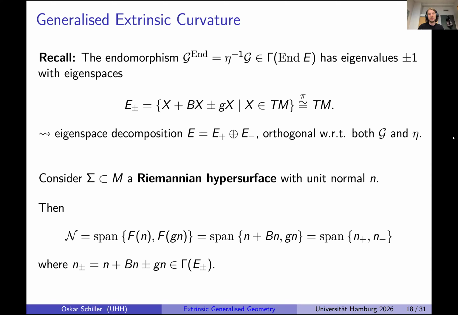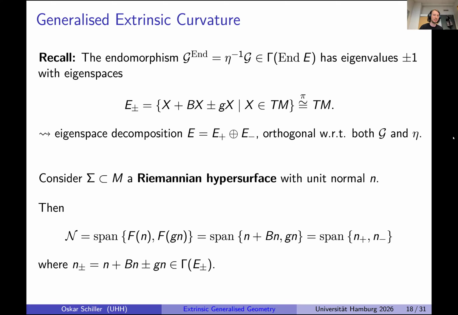Now we consider a Riemannian hypersurface with unit normal n in the ambient space. And we want to describe this current normal bundle a bit more specifically. By definition, it is given by the span that I've written down there. But we want to rewrite these basis vectors in terms of vectors which are in the eigenspaces E plus and E minus respectively.